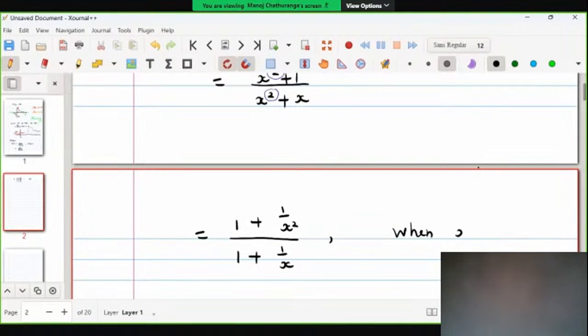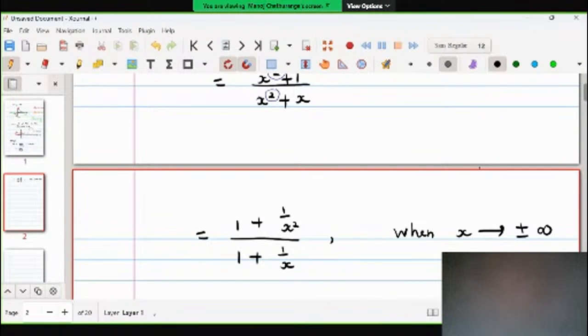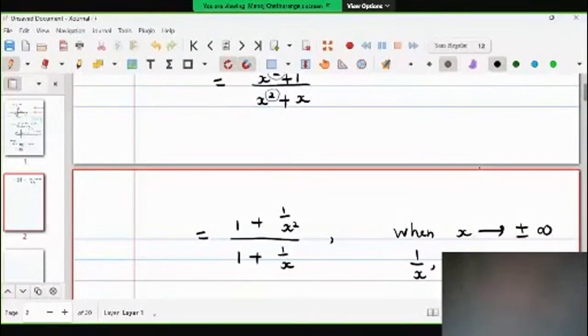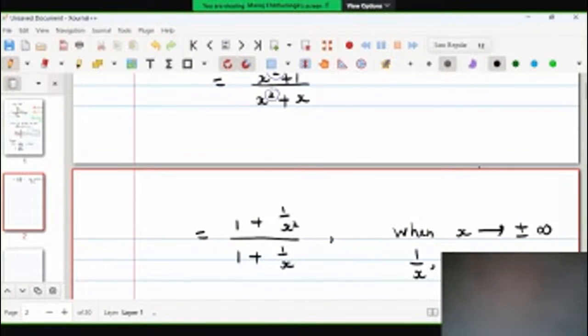When x goes to plus or minus infinity, both 1 over x and 1 over x squared, or 1 over any positive power of x, go to 0.